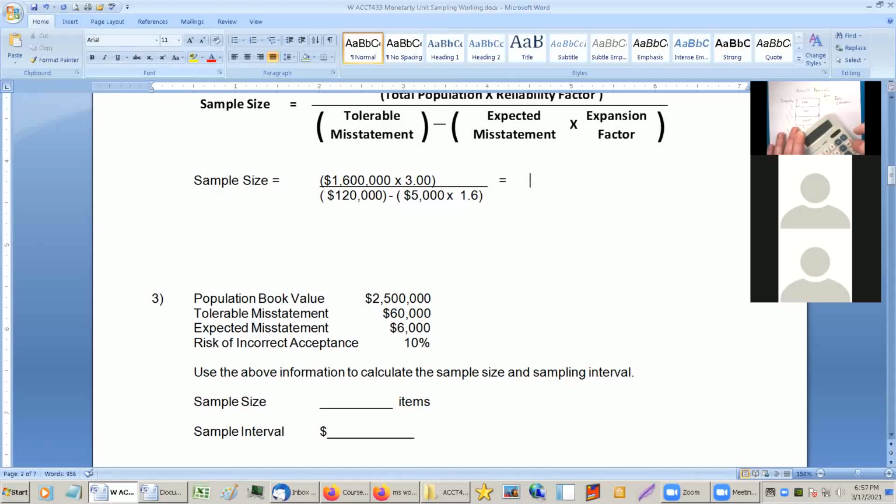Yep. 42.86. Yeah, that's just for the whole thing. The top's 4.8 million and the bottom's 112,000. Okay.